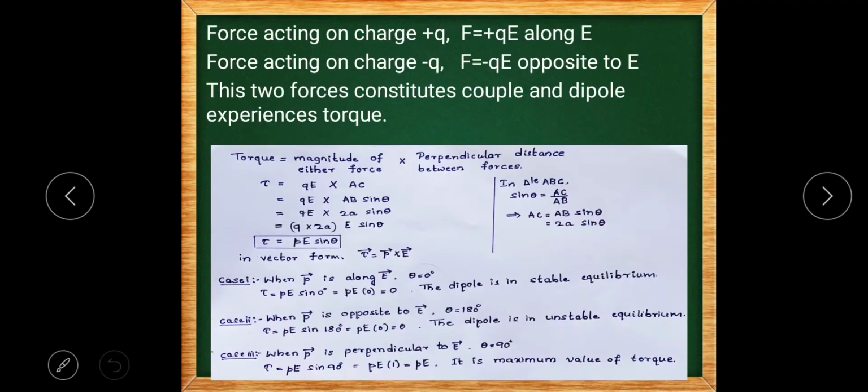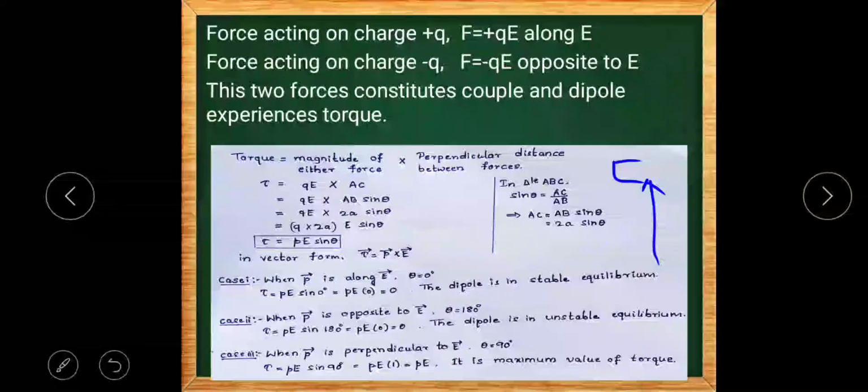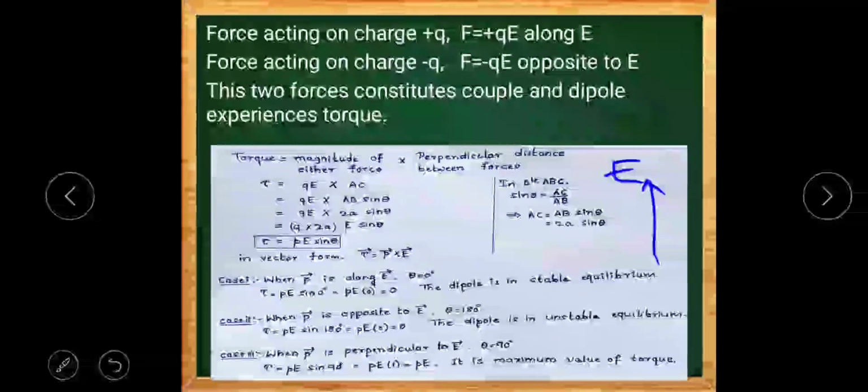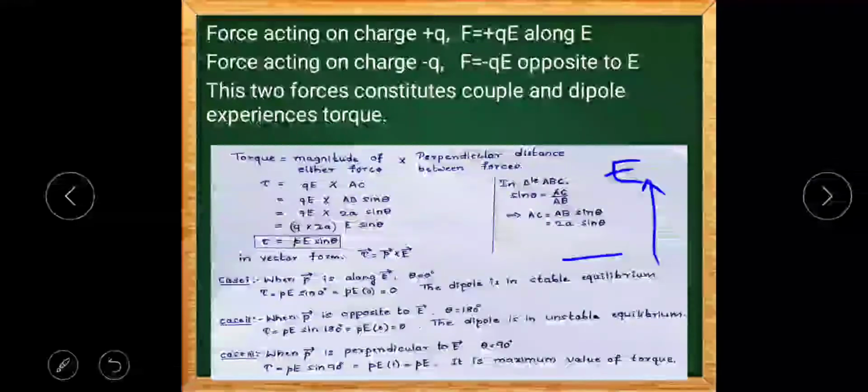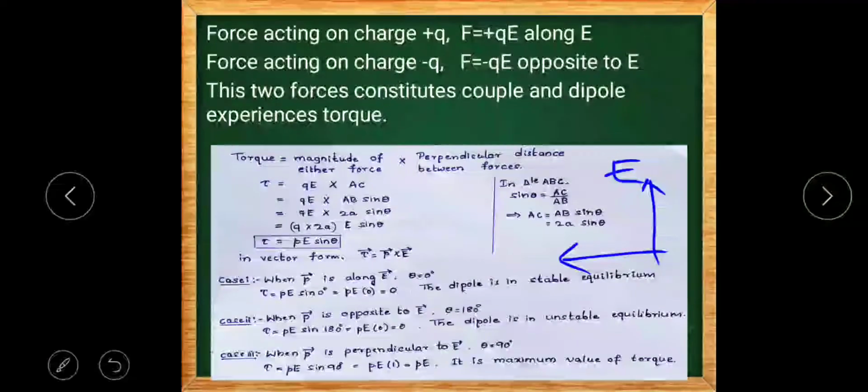Now case 3, when P is perpendicular to E. So this is the direction of the electric field and the dipole moment is acting perpendicular or normal to the applied electric field. Now theta equal to 90 degree. Now tau equal to PE sin 90 degree.